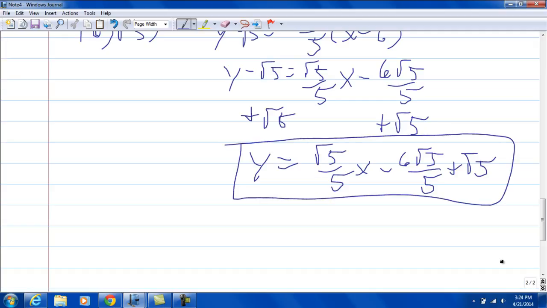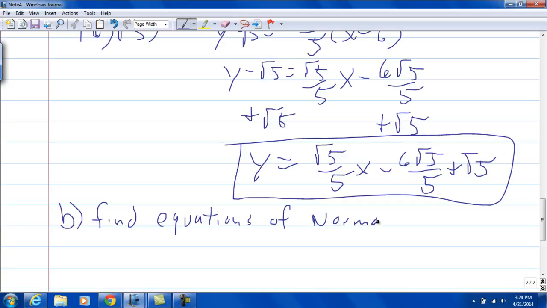The next part, B, is to find the equations of the normal lines. Normal lines are going to be perpendicular to the tangent lines.